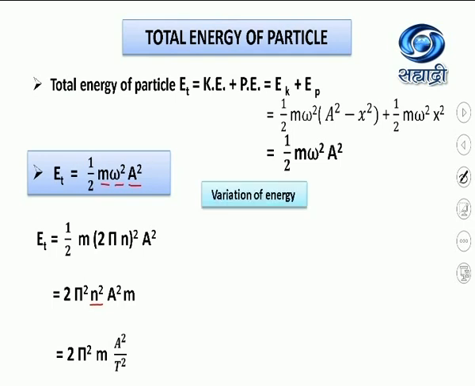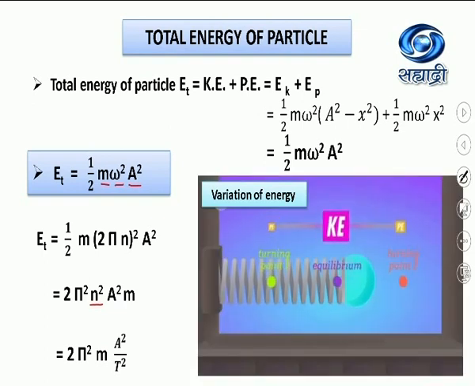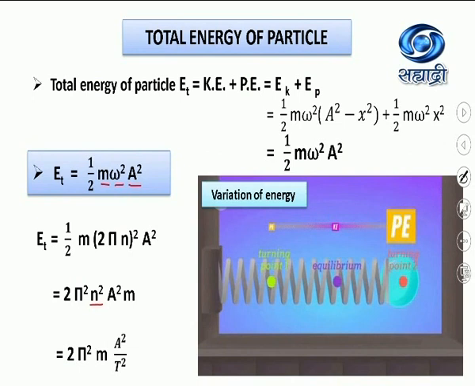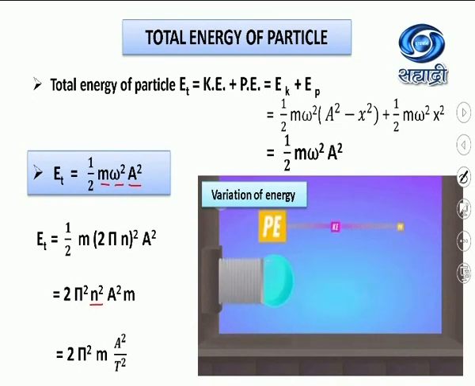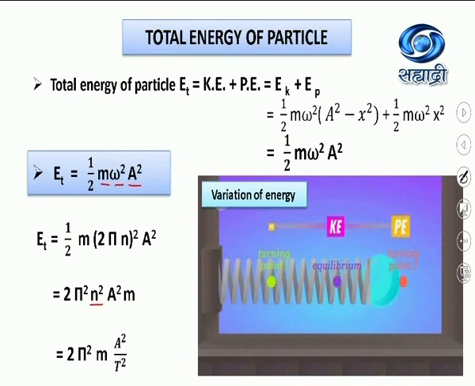Let us check how the energy of a particle, whether kinetic or potential energy, varies with respect to displacement. So see the animation over here. When the particle is at the equilibrium position, which is indicated by a purple dot, then kinetic energy becomes maximum.